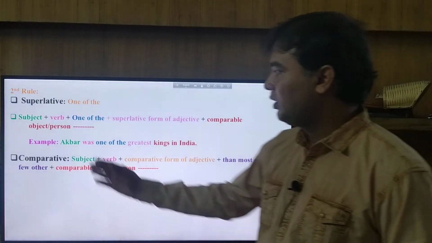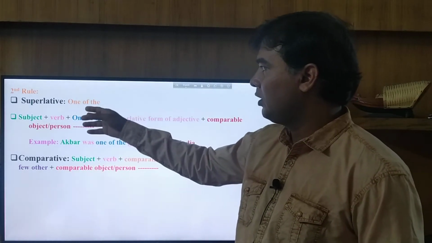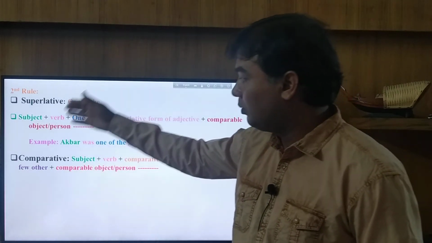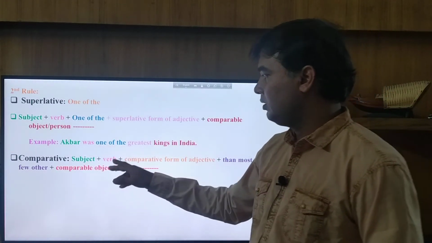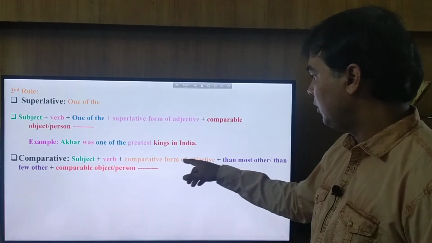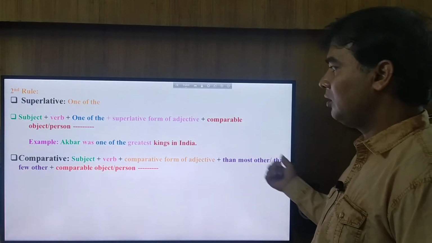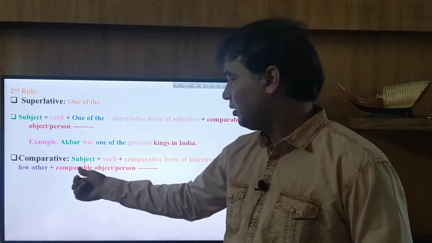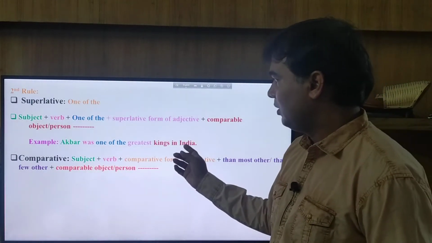Now comparative form. If you want to convert this superlative degree with "one of the" into comparative form, then the basic structure would be subject, then verb, then comparative form of adjective, then "than most other" or "than few other", then comparable object or person. So now we can change it.